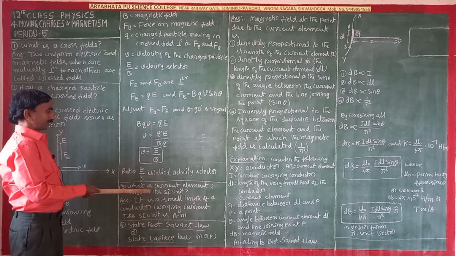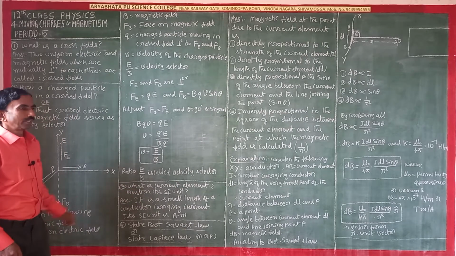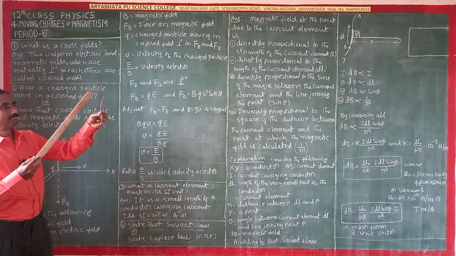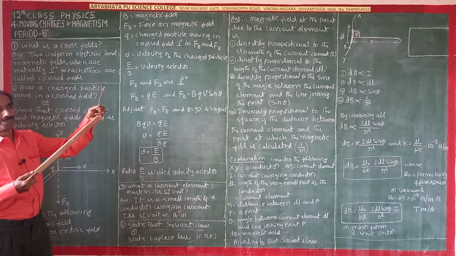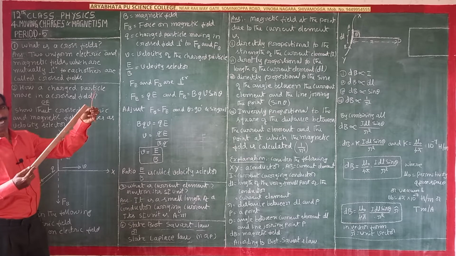What is a current element? Mention its SI unit. The SI unit is ampere meter: how much current is flowing in a length of one meter.